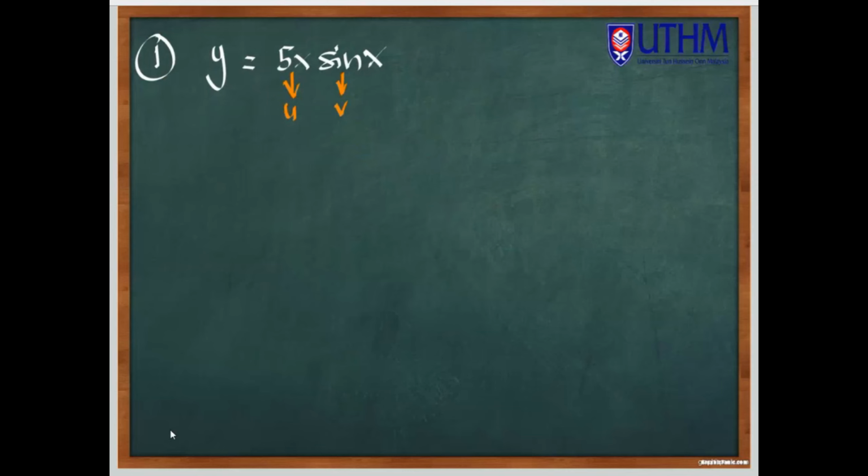So u is equal to 5x, du dx is equal to 5. Meanwhile, v is equal to sine x, and dv dx, we know that when we differentiate sine x, we will get cos x.